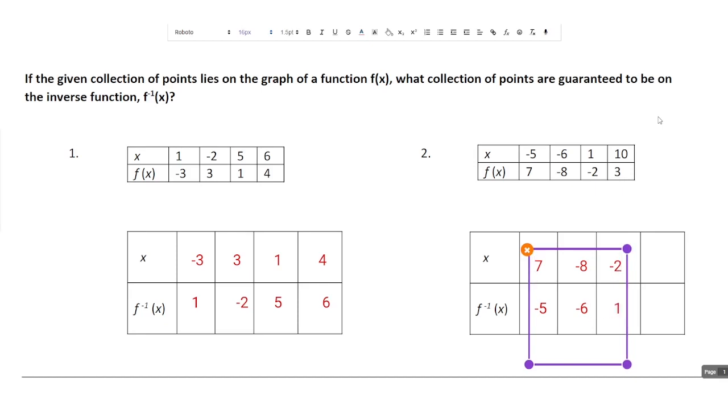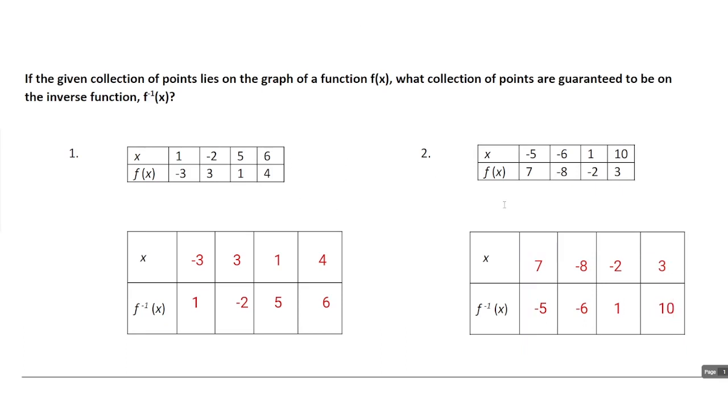And finally, if (10, 3) is on the original function, then (3, 10) must be on the inverse. So really all I did here was take this table and swap my values for x and y, and that's all there is to an inverse. It's just that the domain and range have been reversed. So the function rule for the inverse is really the opposite of what it was for the original function.